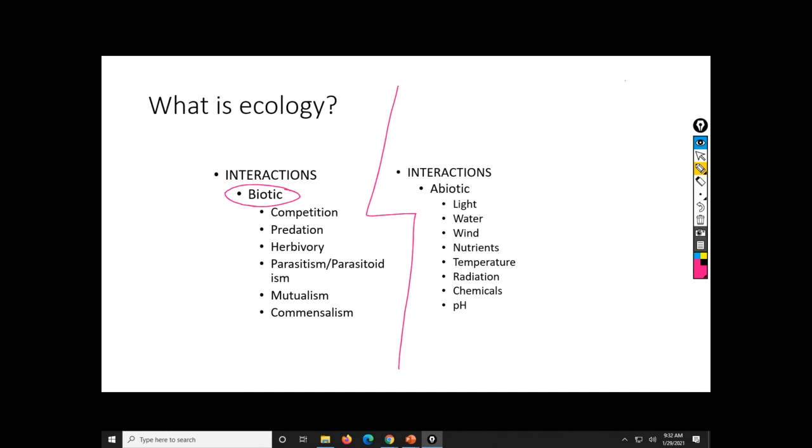Remember biotic, this is our living interactions. So we can look at what organisms are living and how they are interacting with one another.